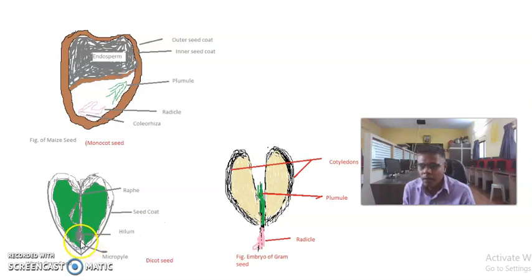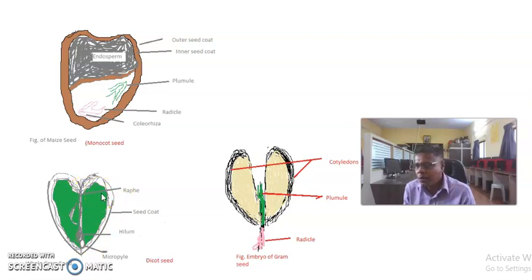Then at the end of the hilum we see the micropyle. A small pore is present and it is known as the micropyle. It absorbs water or moisture during germination. Then here we see the raphe.